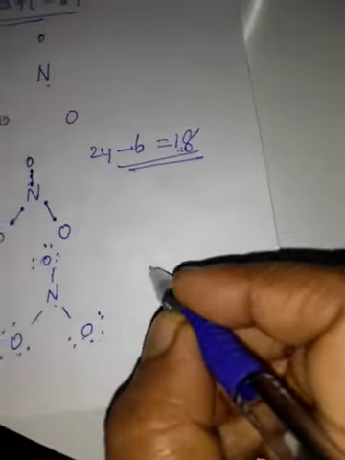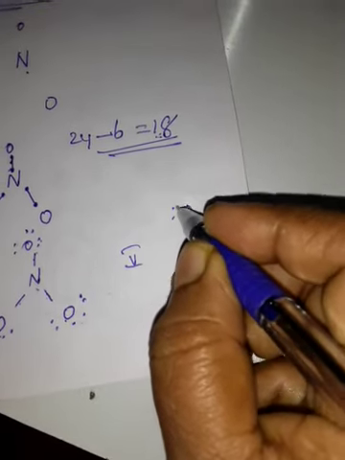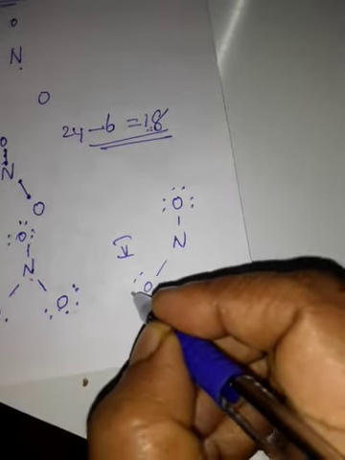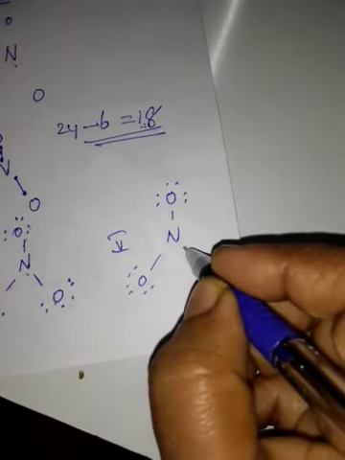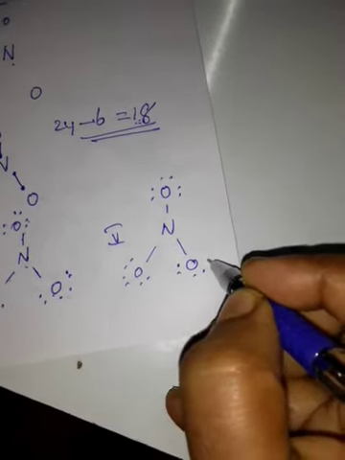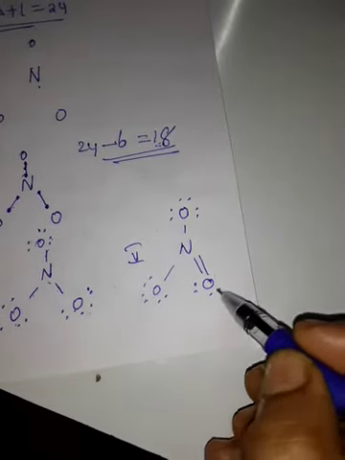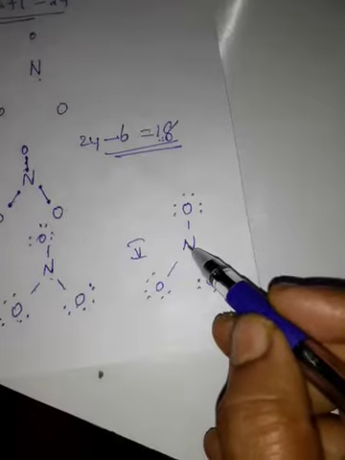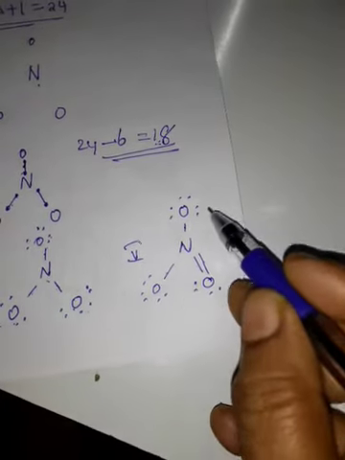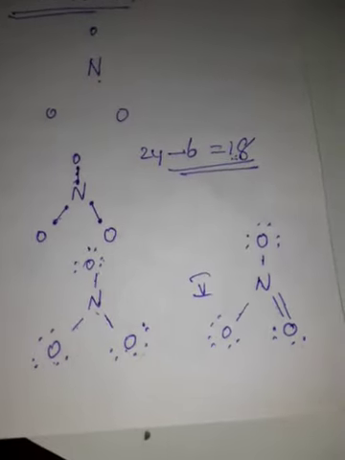So fifth step: nitrogen, this oxygen has 3 electron pairs, this oxygen also 3 pairs, and this oxygen only 2 pairs, with 1 pair formed as a bond. So 2 plus 4 plus 6 plus 8. Nitrogen, you see, 2 plus 4 plus 6 plus 8. So everything got an octet. This is called Lewis dot structure.